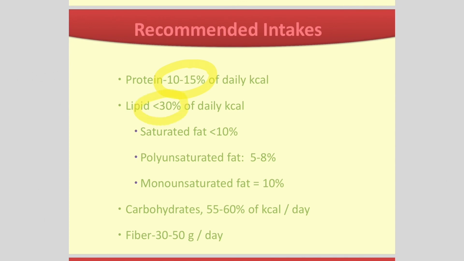Lipids should be lower than 30%, specifying less than 10% of saturated fats, polyunsaturated fats 5-8%, and monounsaturated around 10%. Carbohydrates should represent 55-60% of the calories per day, and we should eat 30-50 grams of fiber per day. These are the recommended intakes.